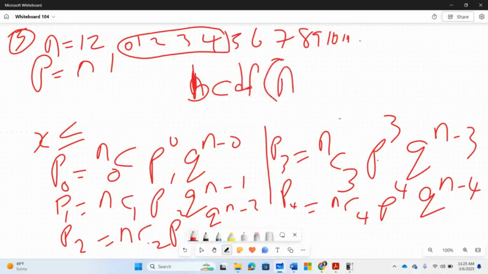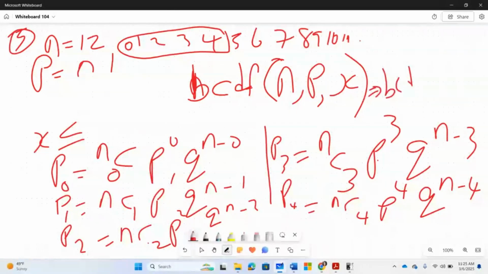And the arguments are n, comma, probability of success, comma, and x. I can rewrite it as binomial CDF, not binomial PDF. This time I am accumulating, so binomial CDF.